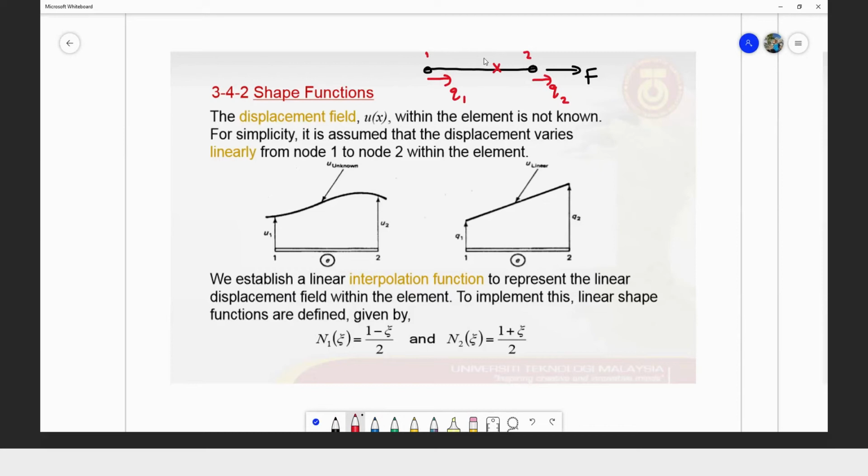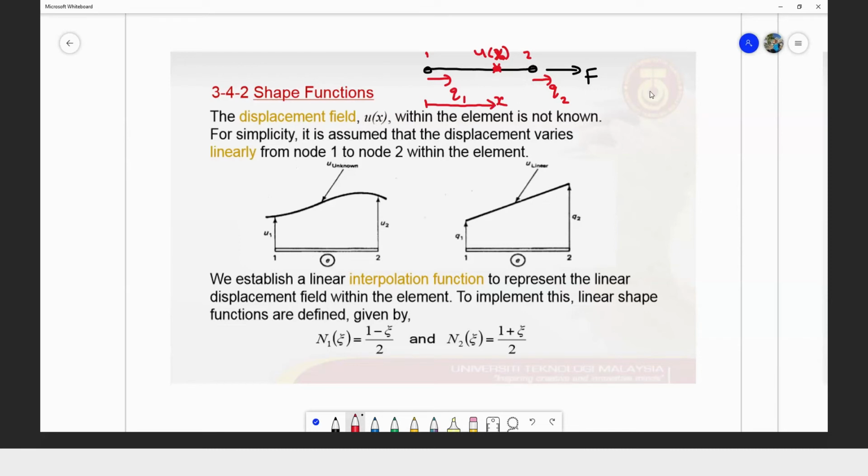So kita boleh gantikan dia sebagai the U ataupun displacement pada distance X. Let's say X kita start daripada sini juga kan. So pada point X ni. Alright, the displacement field UX within the element is unknown.